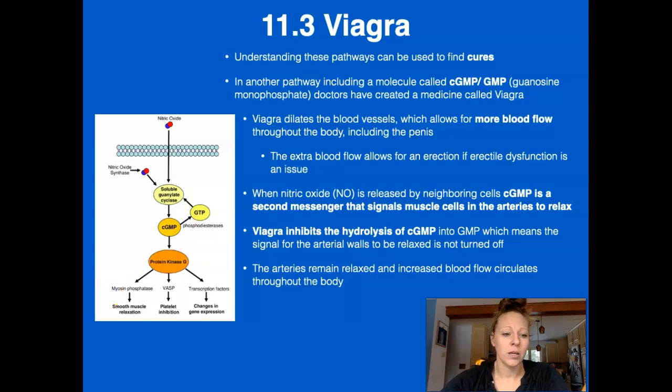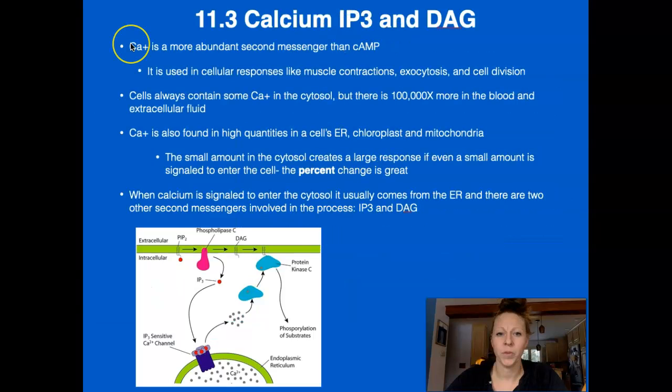And so here, our final transduction pathway that we're going to talk about, and this is calcium, IP3, and DAG. So remember that calcium is a more abundant second messenger than cyclic AMP. It's used in cellular responses like muscle contractions, exocytosis, and cell division.